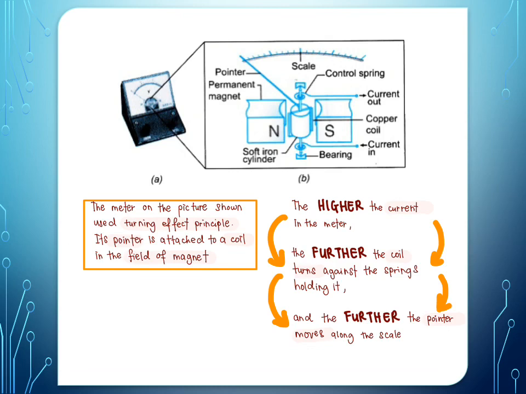Okay, so the meter in the picture uses the turning effect principle. Its pointer is attached to a coil in the field of a magnet. Okay, so the higher the current in the meter, the further the coil turns against the spring holding it, and the further the pointer moves along the scale.